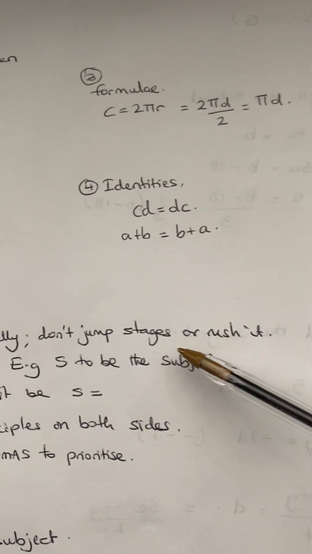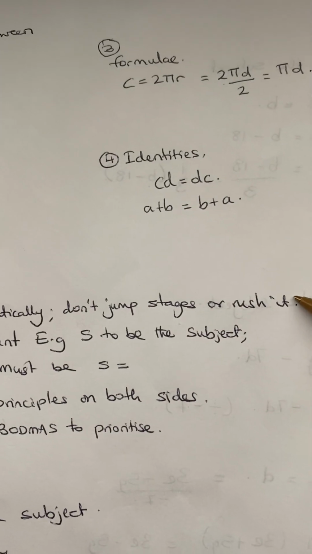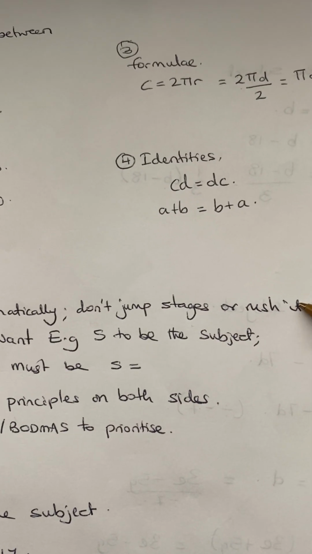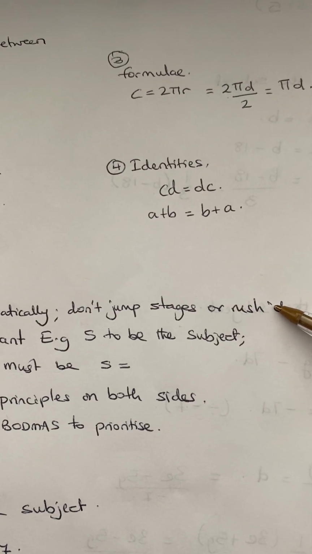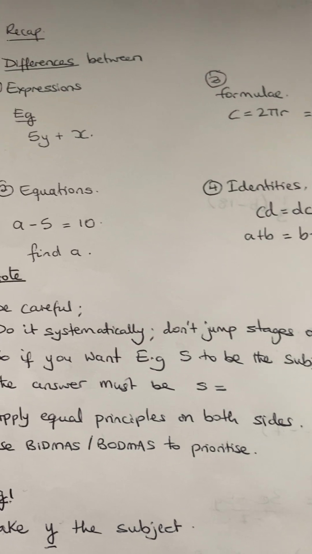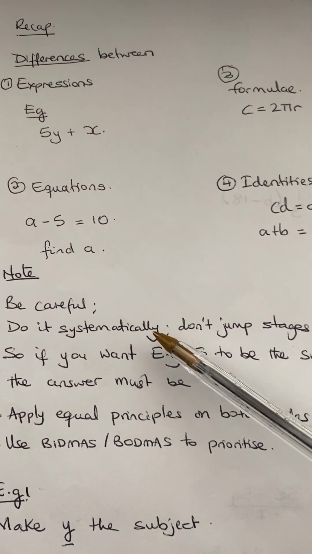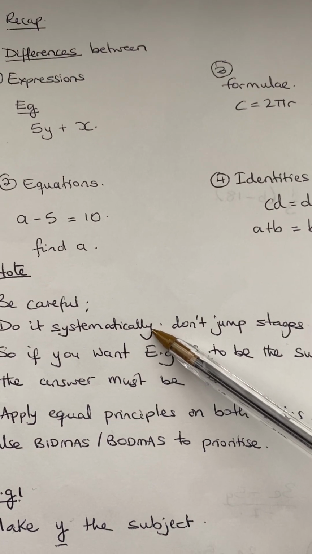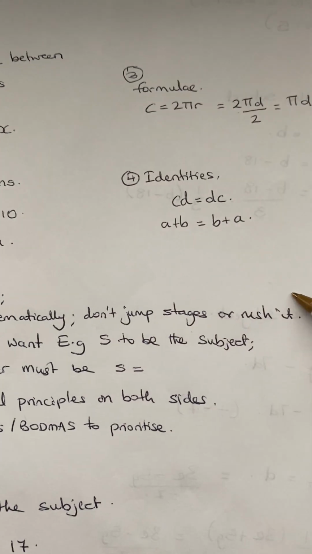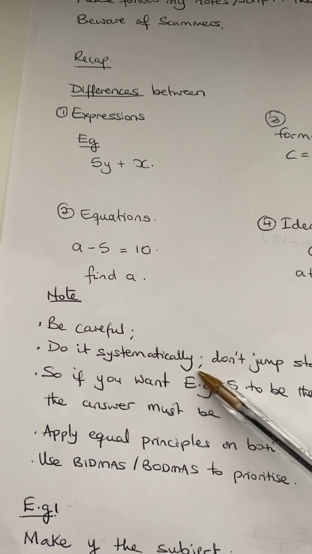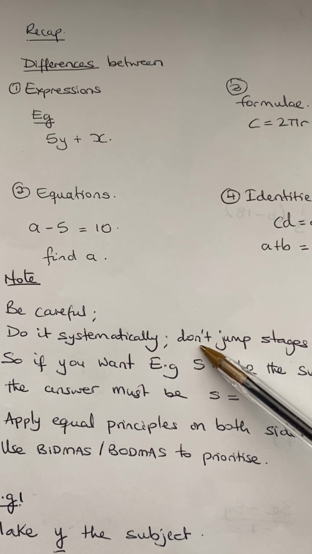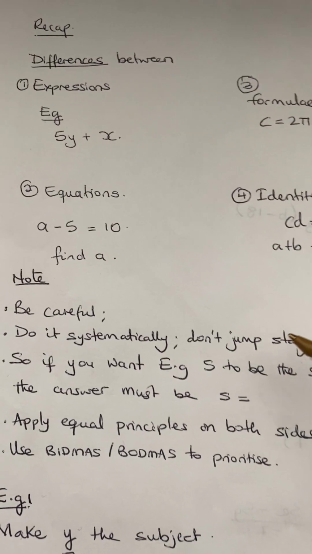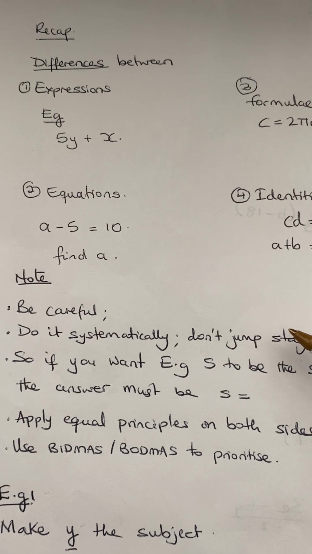Don't jump stages or rush it. I said this to you also when we were doing the frequency table. It's better to take 4 minutes to do it right than to take 2 minutes and get it wrong and redo it again.